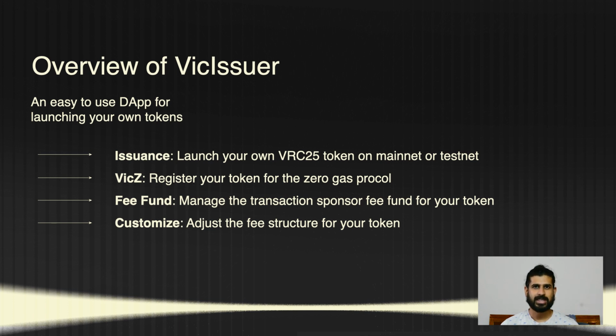VRC20 was the first standard launched on the network, and a native token Vic adheres to this standard. VRC25 is a custom standard created by the Viction core team. It extends the VRC20 standard by adding custom transaction fees, including fees in the same token and gas-sponsored transactions. I'll speak to you more in detail about the VRC25 standard a little later in the workshop.